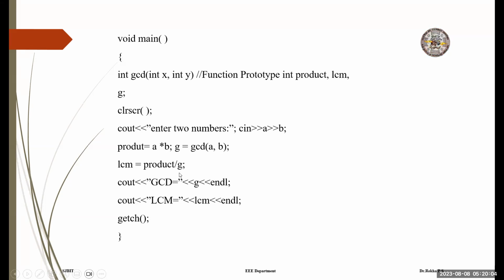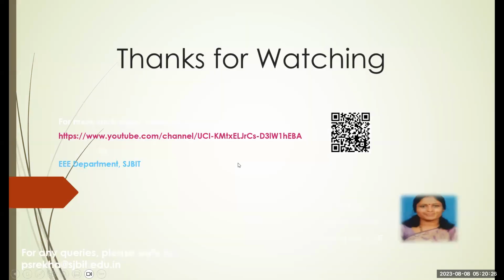So product by G is nothing but LCM. Here GCD of A, B is stored in G. That will be saved in the LCM variable. So GCD is G where LCM is LCM. The value is stored in that and it will be printed.